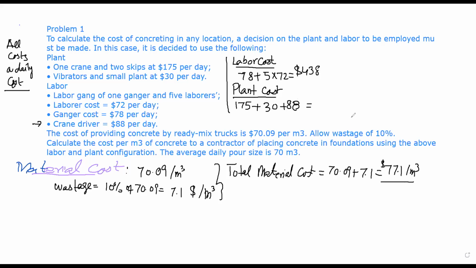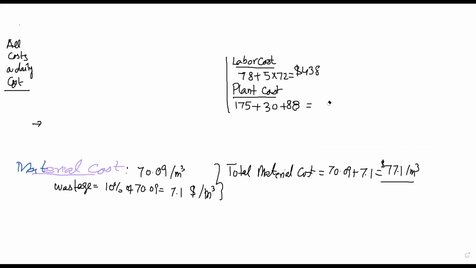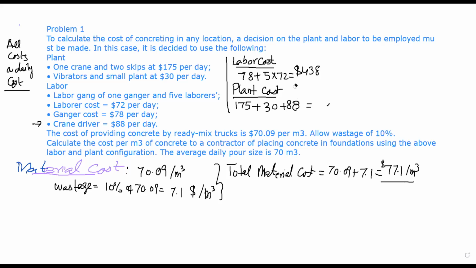If I use my calculator, it will be 175 plus 30 plus 88 is $293 per day. $293 per day. Okay. So these were the costs.